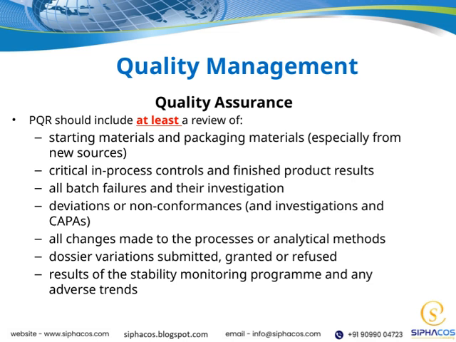Additionally, we monitor any changes made to processes or analytical methods, making sure these updates are well controlled and documented. We also need to keep track of dossier variations, whether they've been submitted, granted, or refused, to stay compliant. Lastly, the results of our stability monitoring programs are important, especially if we notice any adverse trends that could impact product quality.